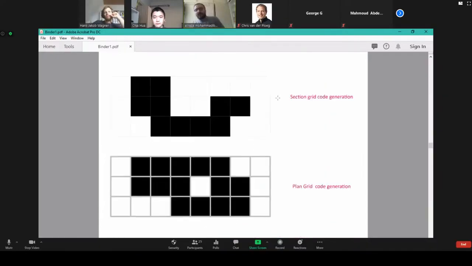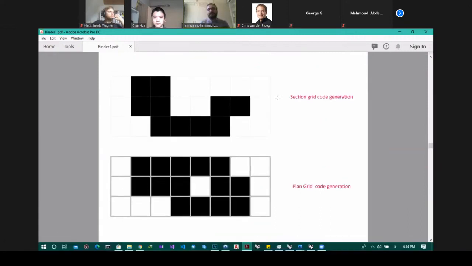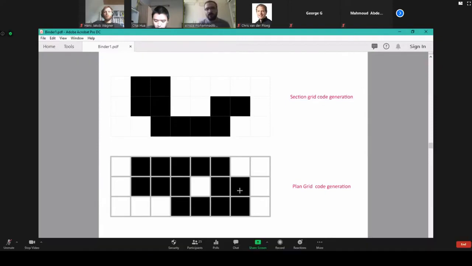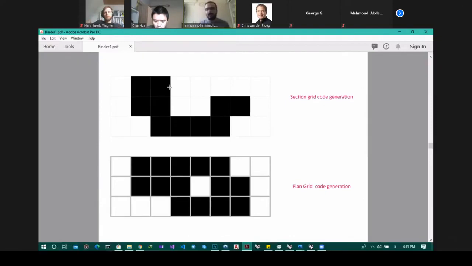And as you see, for example, we had an example here that we defined, and we see the results as we optimized for our slabs here. It is a plan grid code in the below image, and the upper one is the section that we see in the facade, the levels that we can generate.